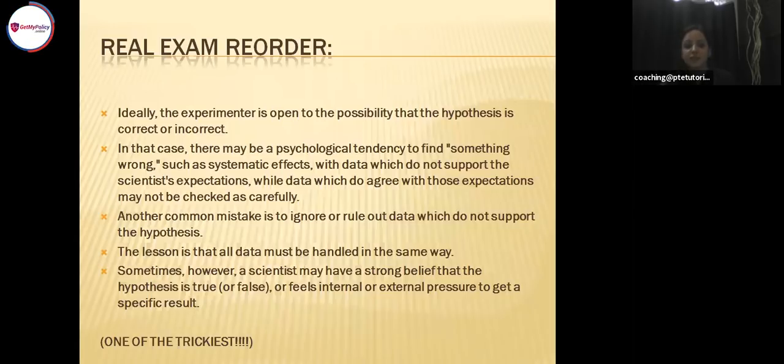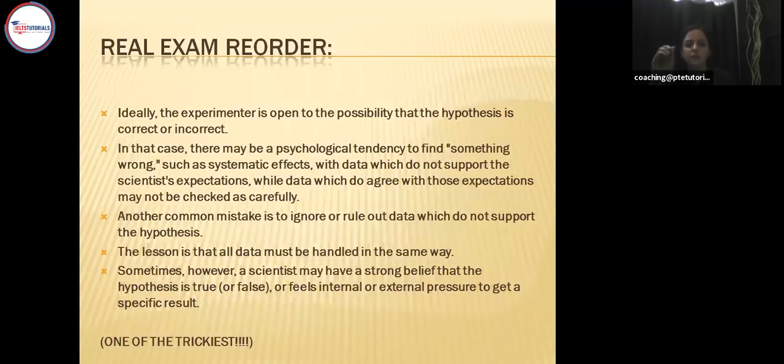such as systematic effects with data which do not support the scientist's expectations. When we are doing something, we are aware that a result will be there, but we have some expectations that okay, if I do this method in this way, then this will be the result.